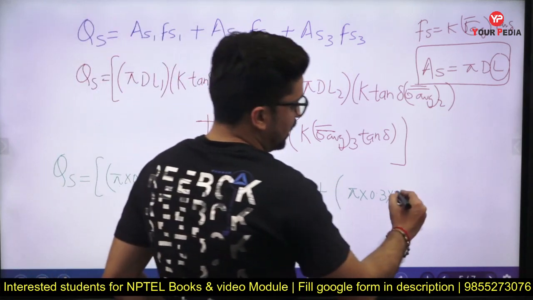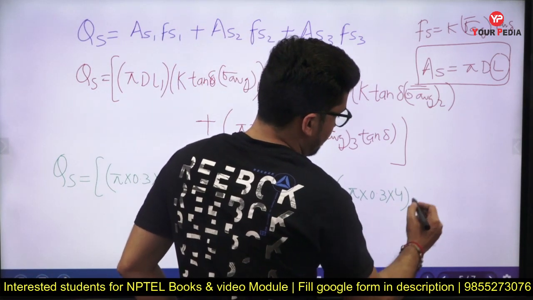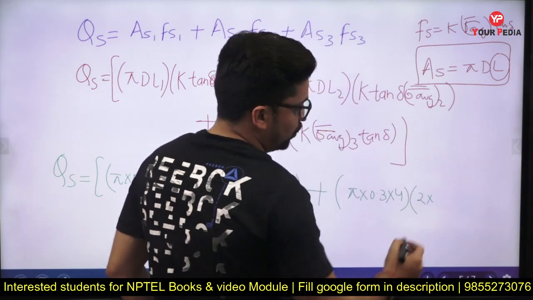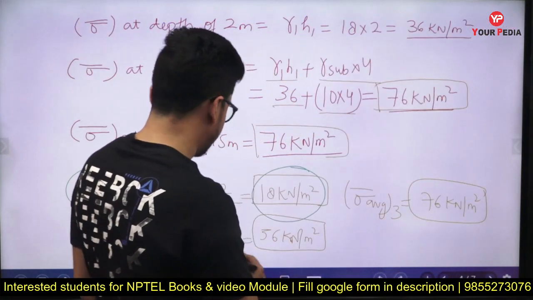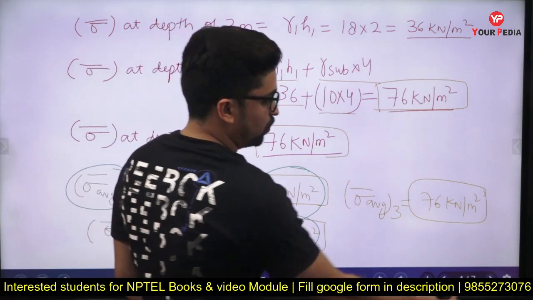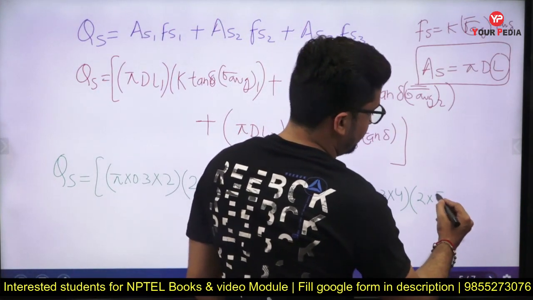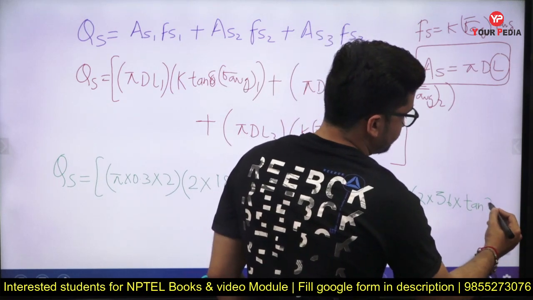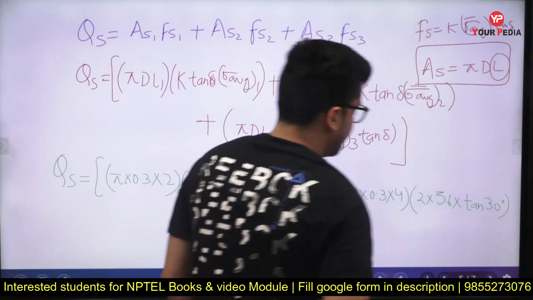So pi d into length for second region will be 4, into K is 2, and sigma bar average 2 was 56 kilonewton per meter square. So this will be equal to 56 into tan delta, tan 30. So this was for region 2.